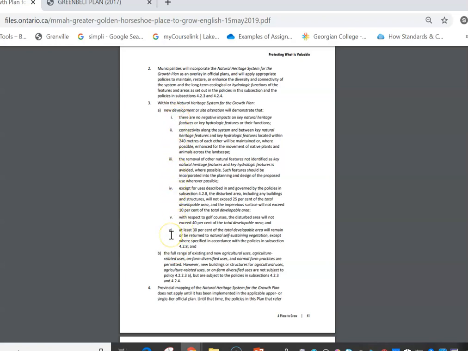So for example, at least 30% of the total developed area will remain or be returned to natural self-sustaining vegetation. And so we're thinking about some of the natural ability of our environment to address things like water and provide habitat. And so if municipalities are being consistent, it helps to support that we are sustaining those specific natural features and functions.